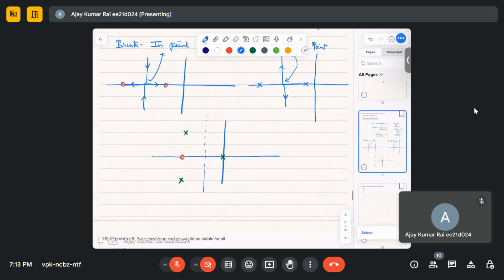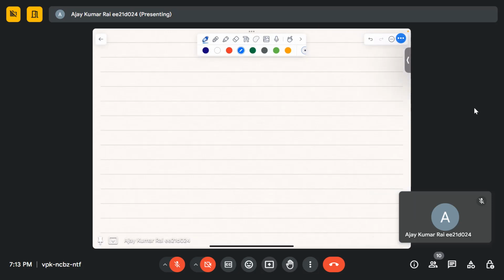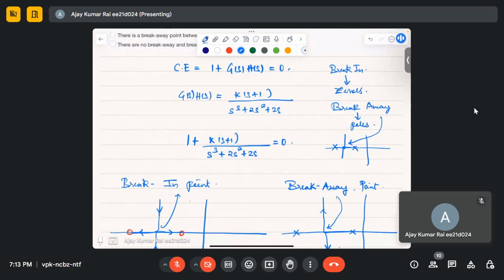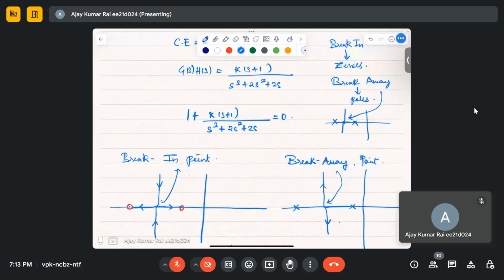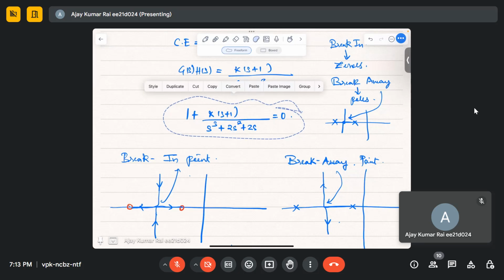So let's also prove it mathematically. Okay, so how to prove mathematically? Okay, so we have this equation.